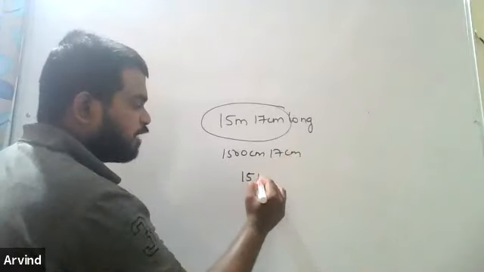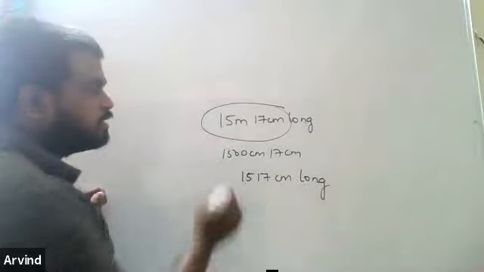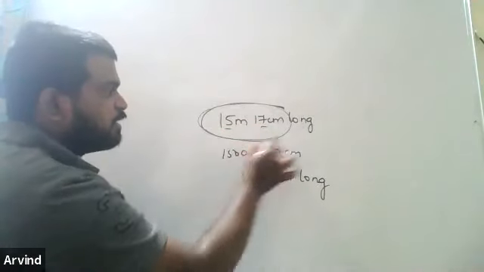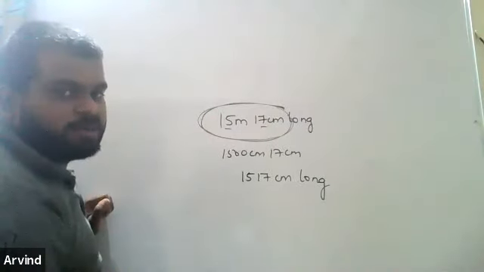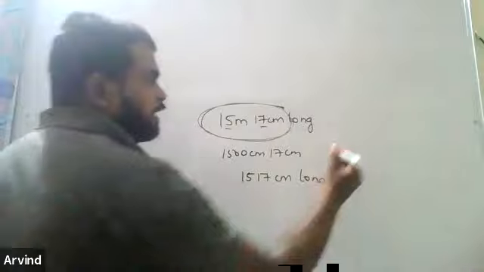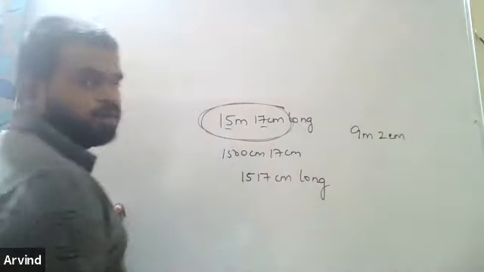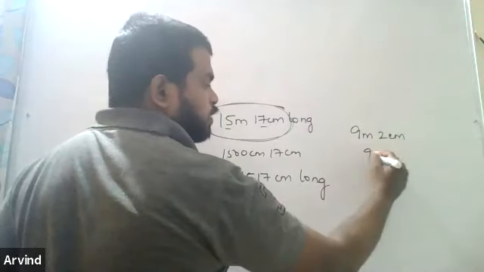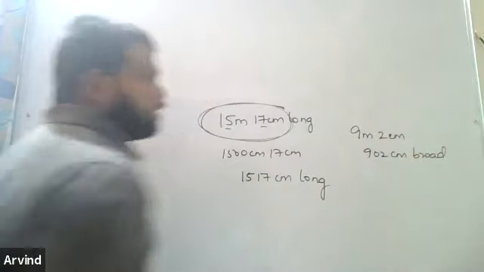Therefore, it is 1517 centimeter long. The length is 15 meter and 17 centimeter together. Similarly, 9 meter and 2 centimeter broad. So 9 meter is 900 plus 2, so it is 902 centimeter broad. That is the width.